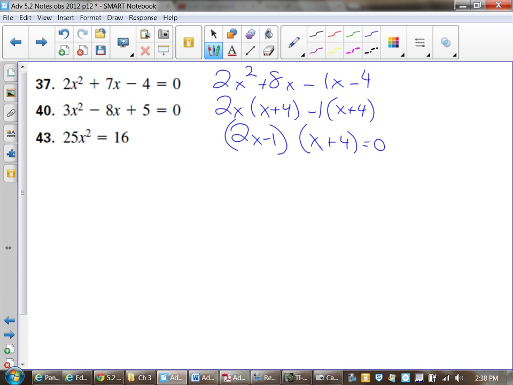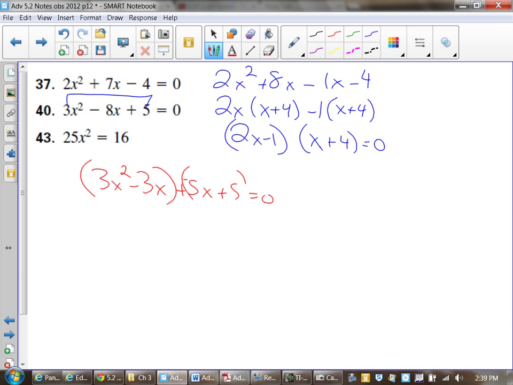The second one, same idea. I got 15 to get to negative 8. 5 and 3 again, right? Negative 5, negative 3. So I get 3x squared minus 3x minus 5x plus 5. Does it matter which one comes first?